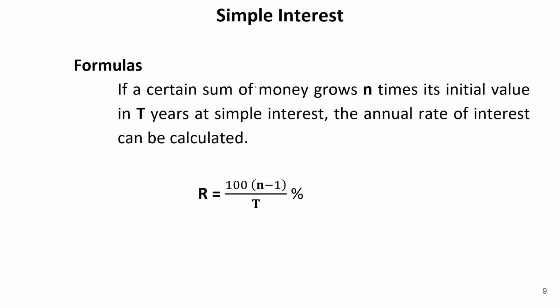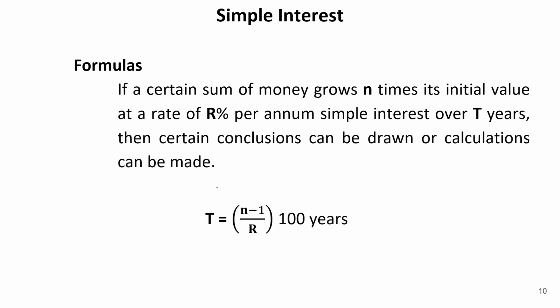If a certain sum of money grows n times its initial value in t years at simple interest, the annual rate of interest can be calculated as r = 100 × (n − 1) / t %. Whatever its initial value was, it grows to n times.